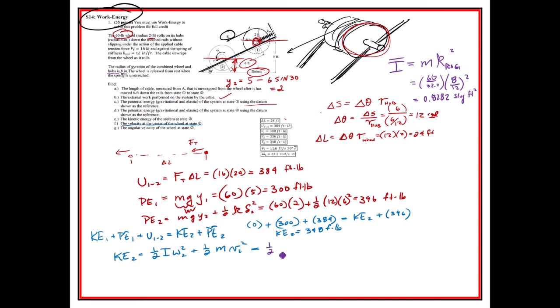So we go 1/2 times 0.8282, and the first thing asks for the velocity. We can solve these in either order, but because they asked for that one first, we should use a little kinematics.